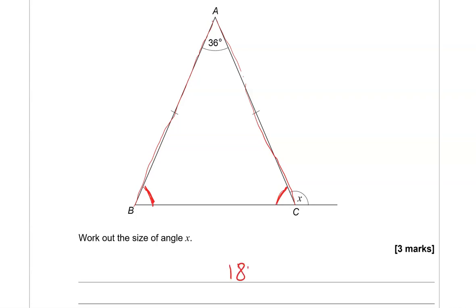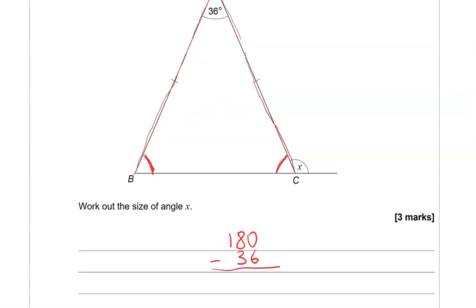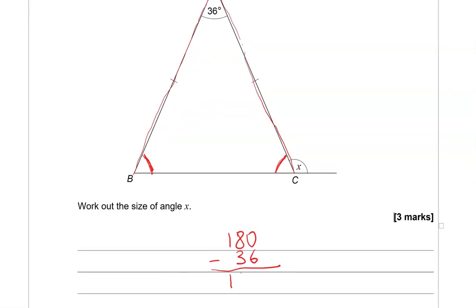So 180 take away 36, 144. So if I divide 144 by 2, it should give me what each of these two angles is equal to. So 144 divided by 2 gives us 72. So this is 72 degrees and this is 72 degrees.